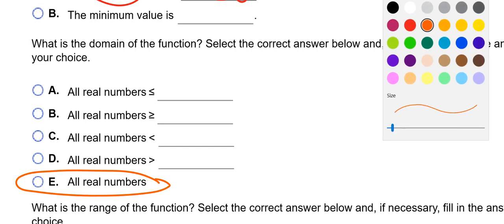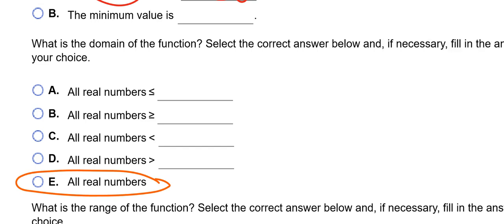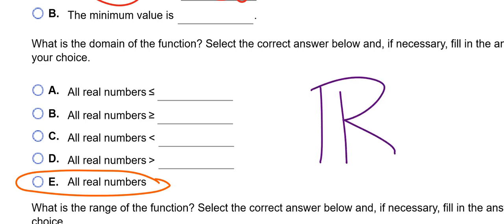It has come to my attention from first and third period that you are not familiar with the all real number sign. Now, I'm scared to get a tattoo. I don't think I'll ever do it. But if I do, that's it right there.